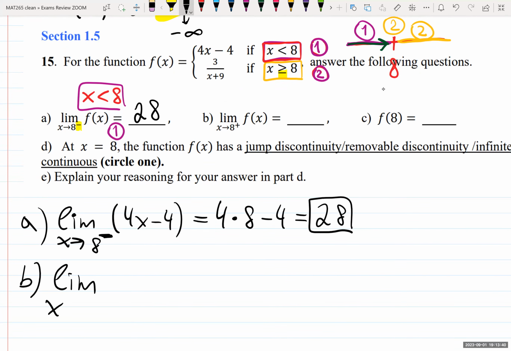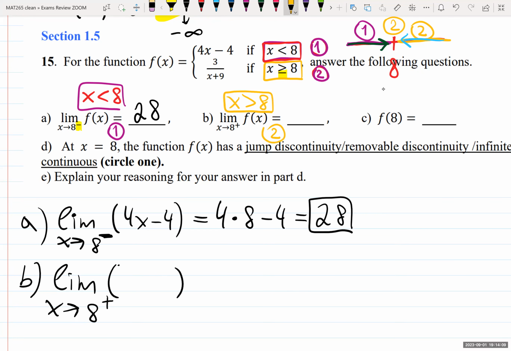And then the same logic was for the limit from the right, B. Limit as x approaches 8 from the right. I don't know what to plug in here, so let's think about this. 8 from the right means approaching 8 from the right. And it says use function 2, so I'll be using function 2. Or you can see it this way, x is bigger than 8, and we can see where it's bigger than 8.